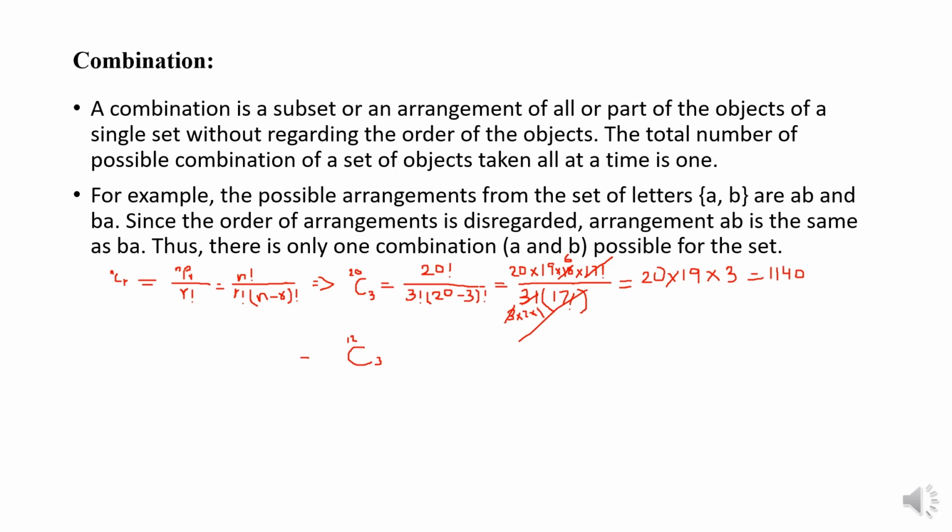This is the second example. So 12 factorial divided by 3 factorial into 12 minus 3 factorial.